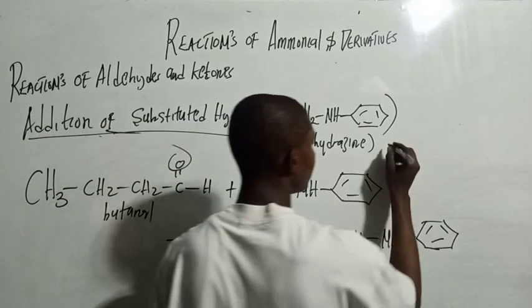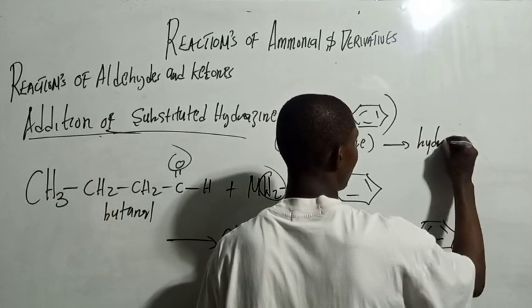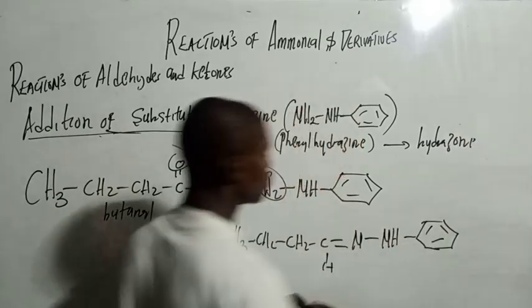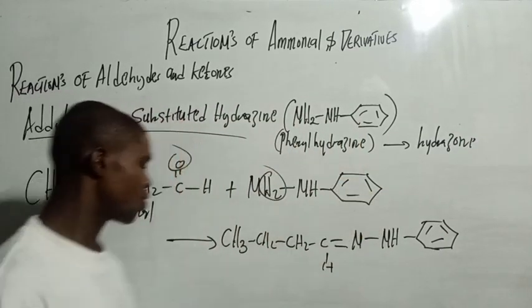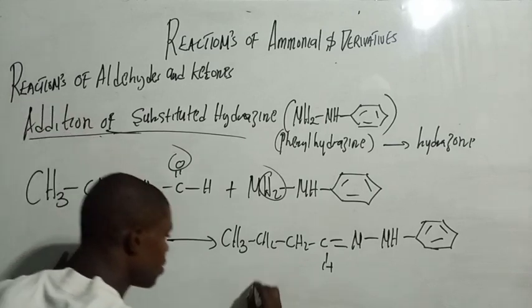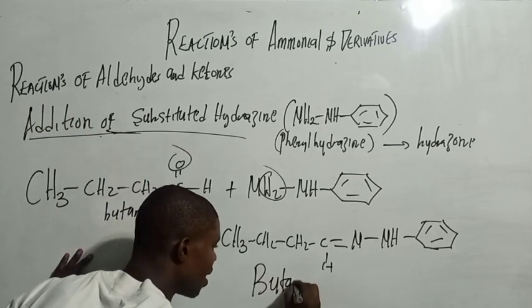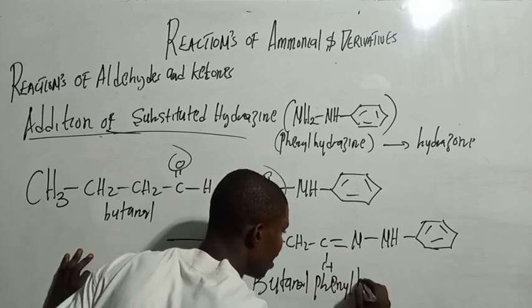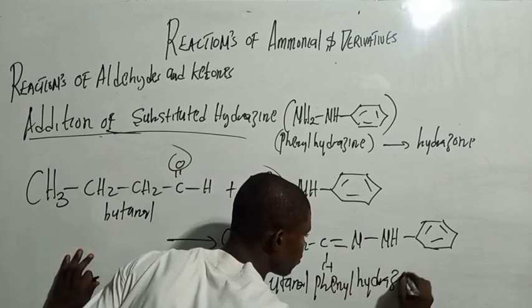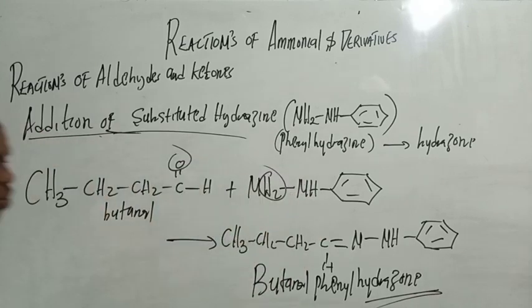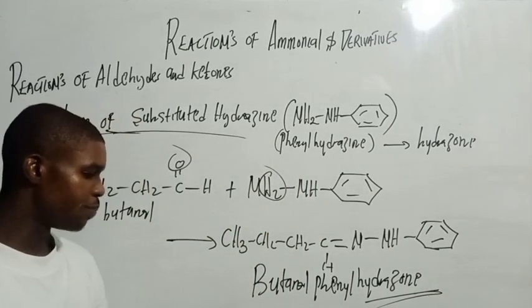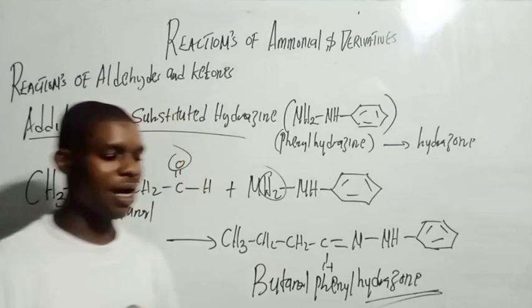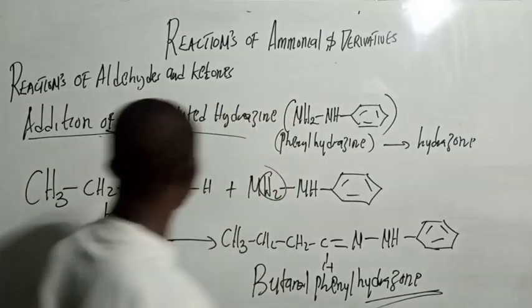So this one is going to form a hydrazone. So we form phenylhydrazone. So it's going to be butanal phenylhydrazone. That is the product of the reaction.